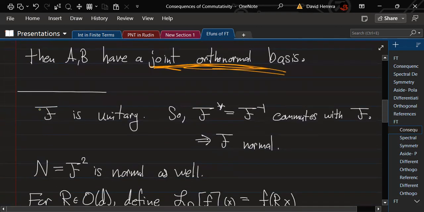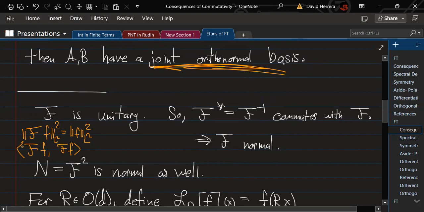So suppose F is the Fourier transform. We know that it's unitary, and where that comes from is that it preserves the L2 norm. And from that, it's a standard thing from functional analysis to show that if you expand the L2 norm, you square both sides and write it as this inner product here.